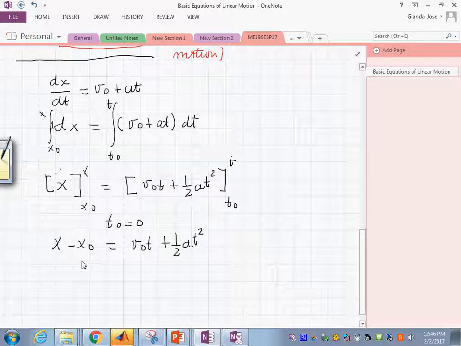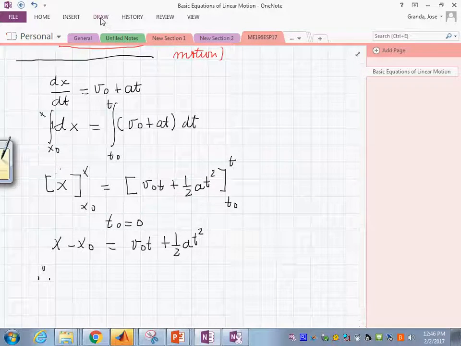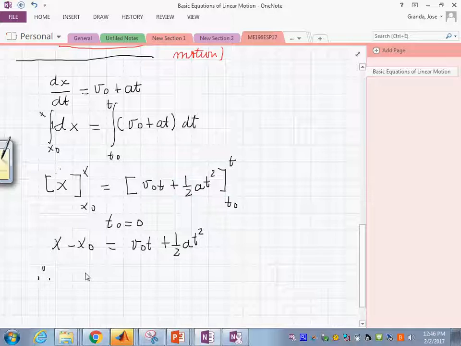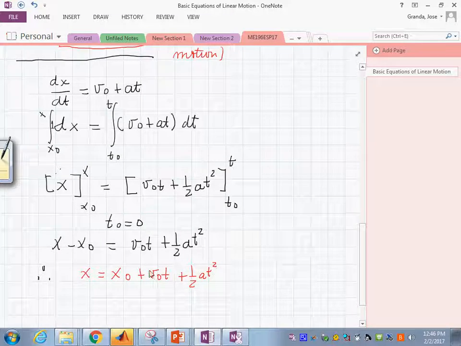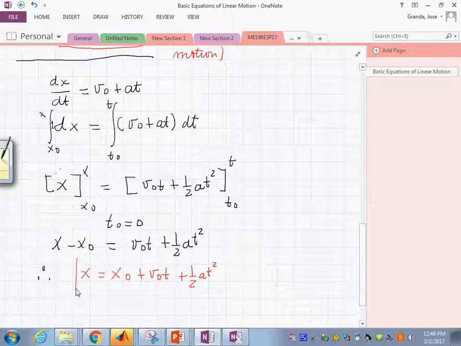Yeah? So therefore, this is x is equal to x sub 0 plus v sub 0 t plus 1/2 of a t squared. And that's the other equation of motion.